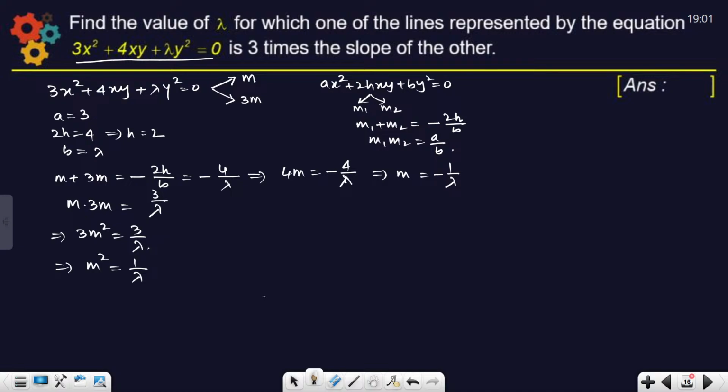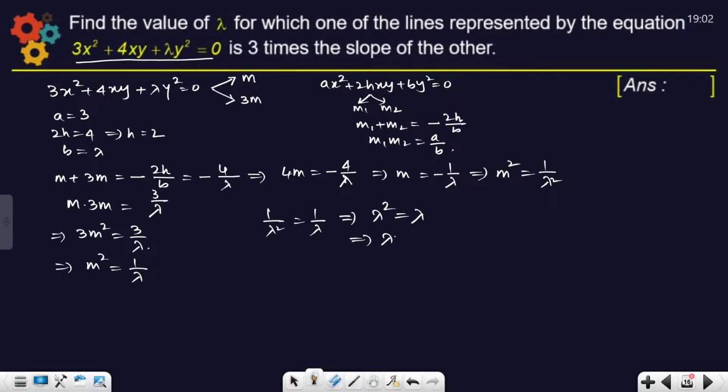Right? So if m is minus 1 over lambda, from here we can write m square is 1 over lambda square. So I can write 1 over lambda square is 1 over lambda. So that gives us lambda square equals lambda.